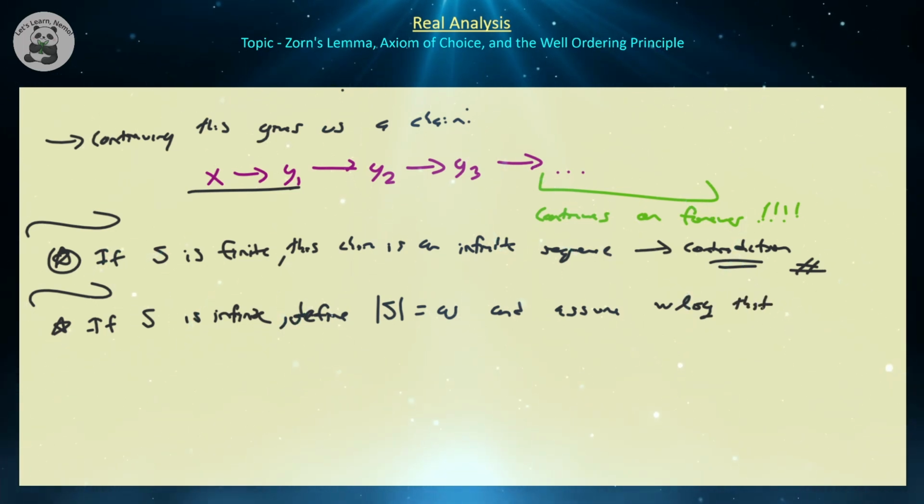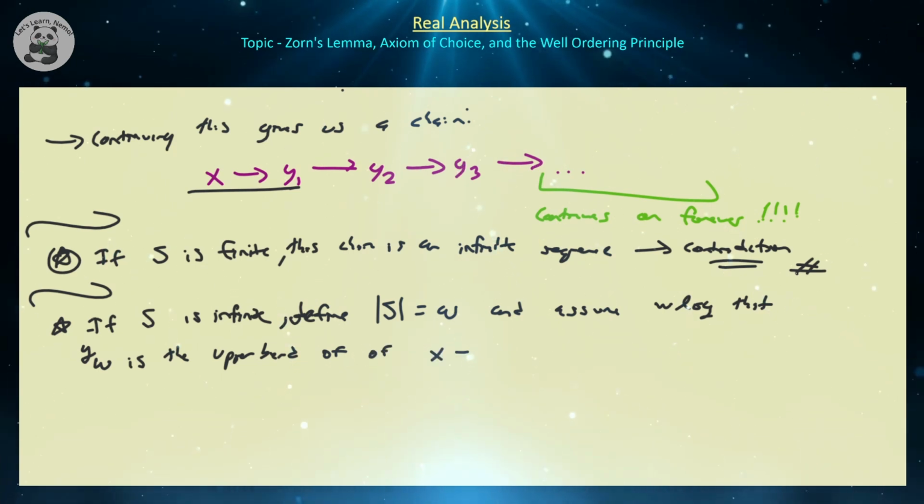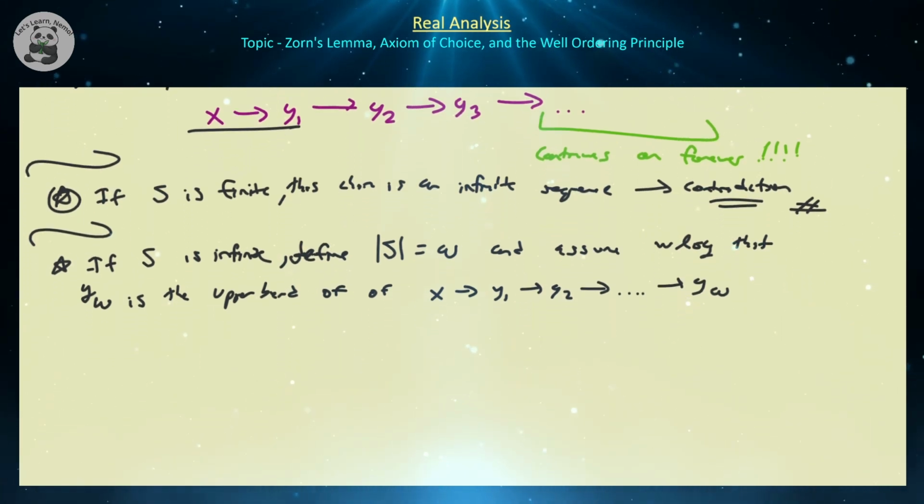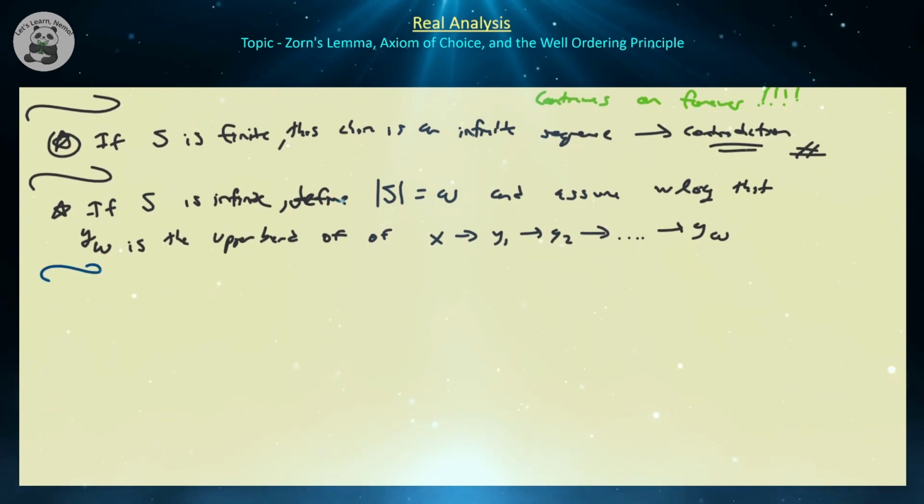Let's assume that y omega is the upper bound of this chain, x, y1, y2, all the way up to y omega. Obviously, y omega is greater than or equal to all those, so it's definitely an upper bound, right? So keep in mind, that would have to be the last element in that sequence, right?